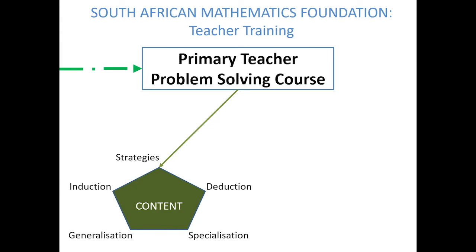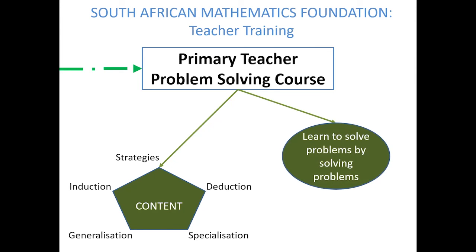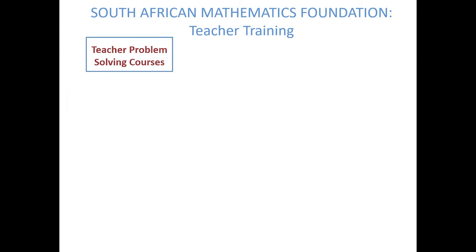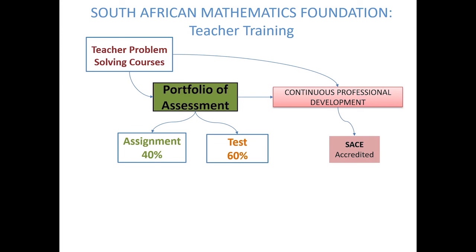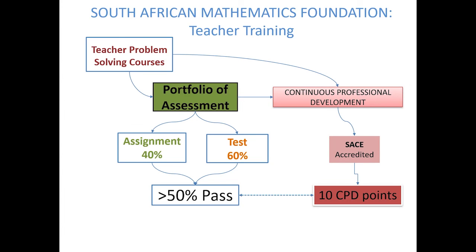You'll mostly learn to solve problems by solving problems. When you do the course, you'll build up a portfolio of assessment, which can be used for your continuous professional development. The assessment is an assignment which contributes 40%, and a test which contributes 60%.